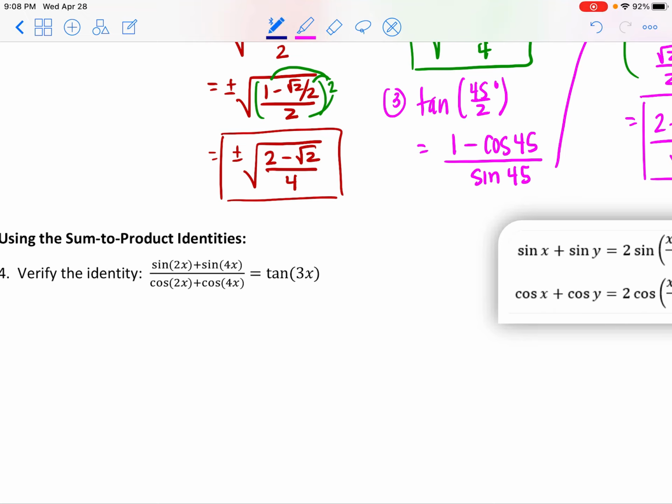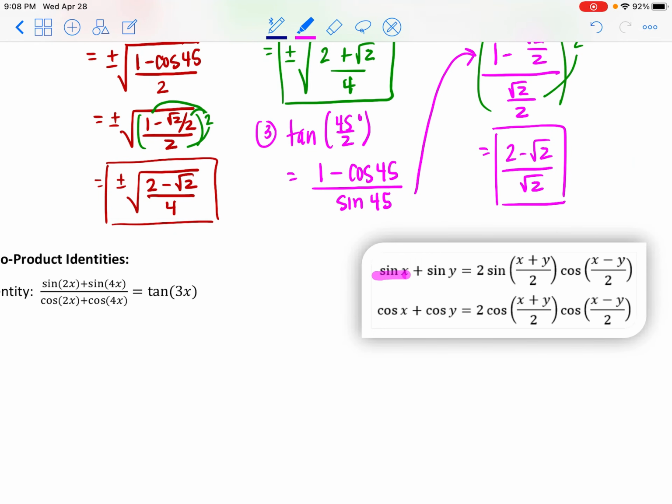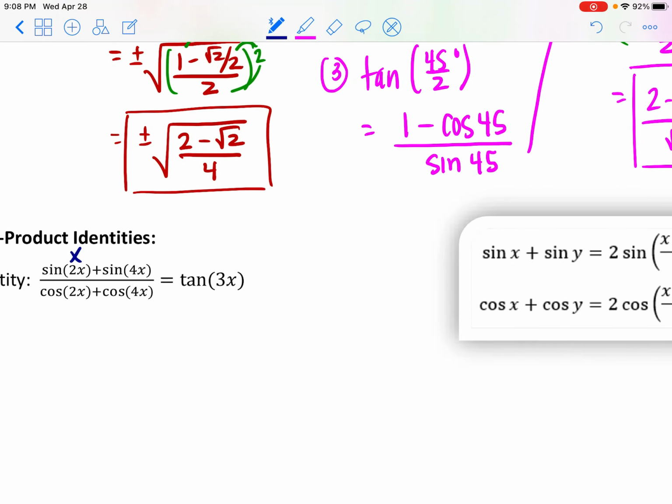So remember, when we're verifying, we can pick one side and try to simplify down using our identities to make the one side look like the other. So on the top of the fraction, we have the sum of two sines. So we're going to rewrite it using that first identity there, where in this case x is 2x and y is 4x.